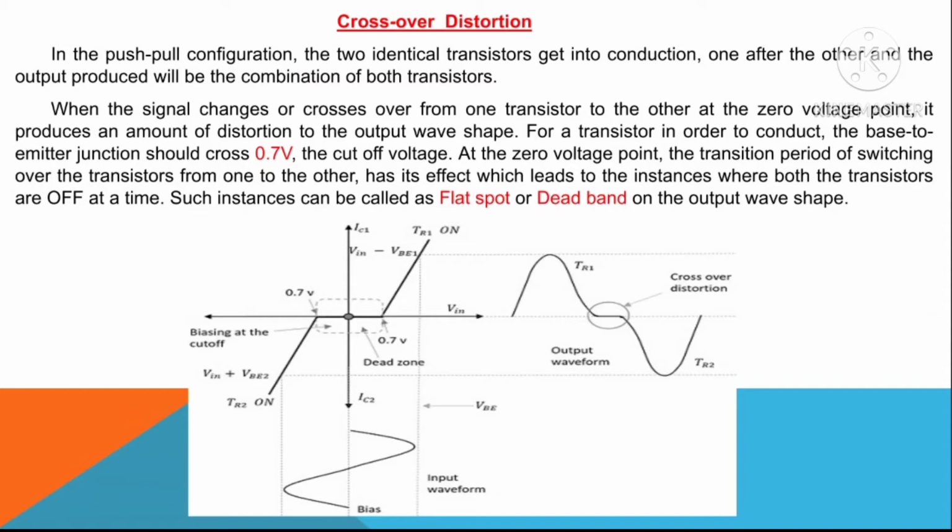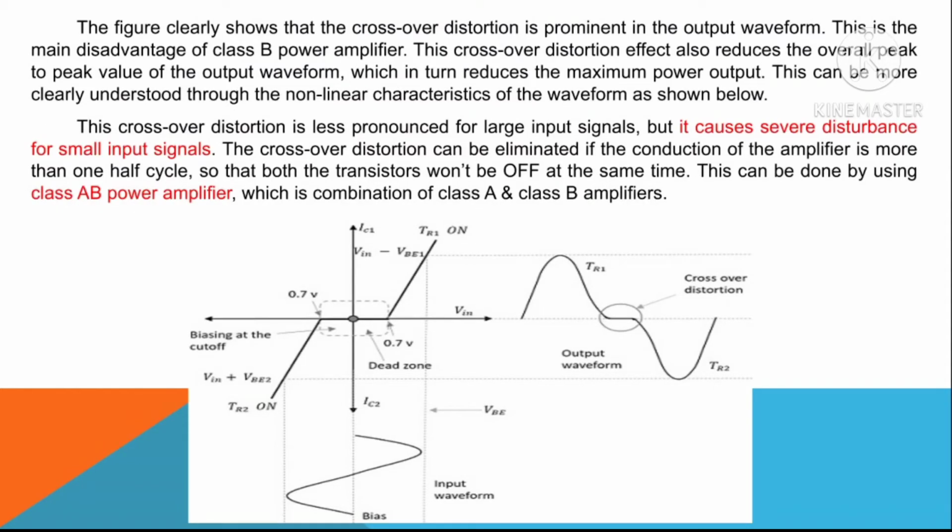Now come to the next slide. See here, the figure clearly shows that the crossover distortion is prominent in the output waveform. This is the main disadvantage of the class B power amplifier. This crossover distortion effect also reduces the overall peak-to-peak value of the output waveform, which in turn reduces the maximum power output.